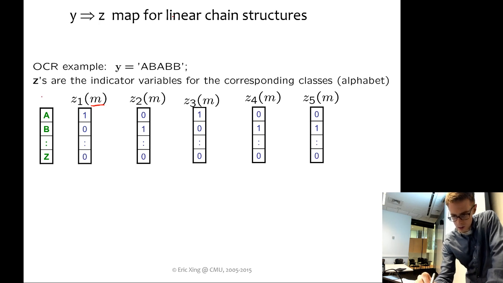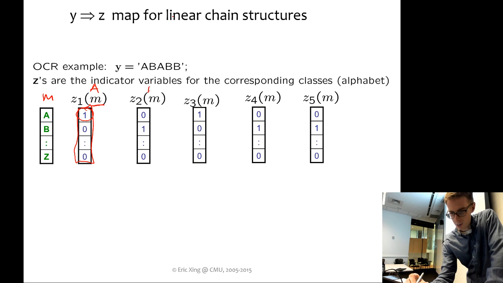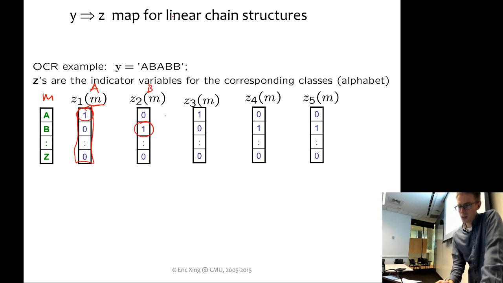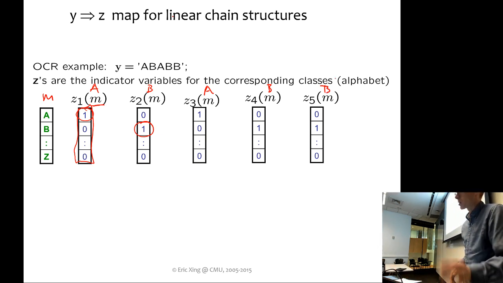If M is equal to A, then we get this vector with a 1 in the A position and zeros elsewhere. And if M is equal to B, we get a 1 in the B position and zeros elsewhere. And then if M is A, and then B, and then B, we get this sequence of vectors.